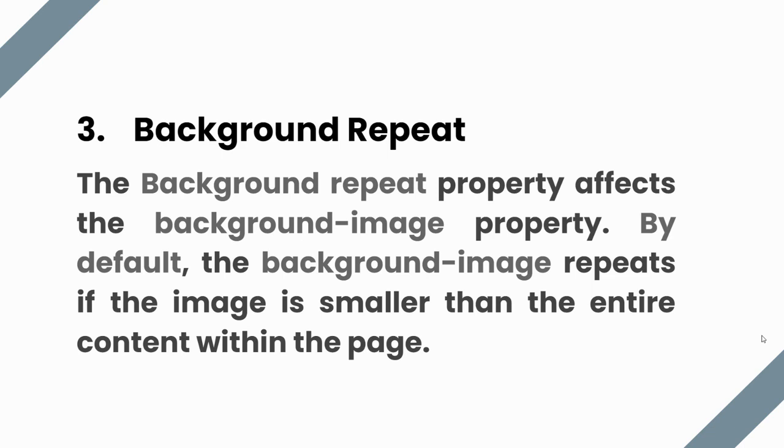What this basically means is that if there is no background image at first, this particular property, even when enabled, would not work. The background repeat property needs the background image property to exist first. So there has to be an image out there, then this particular property can make changes to that image.